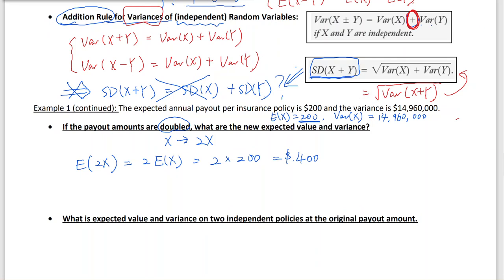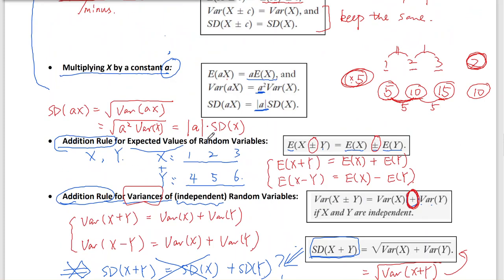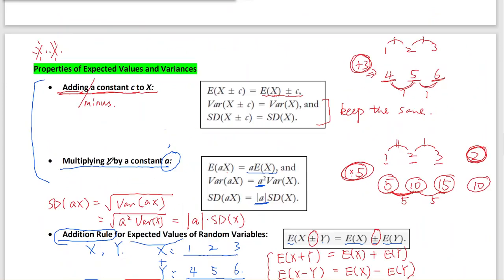Right, then what will be the variance? The variance of 2x, remember we have the property. If we multiply x by a constant a, then the variance of ax equals a squared times the variance of the original x.